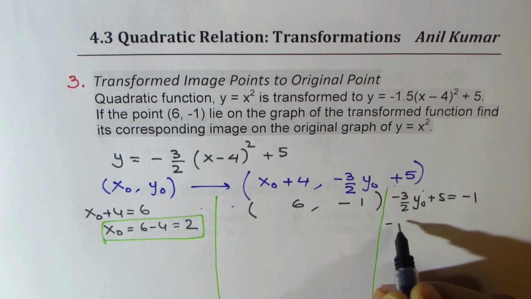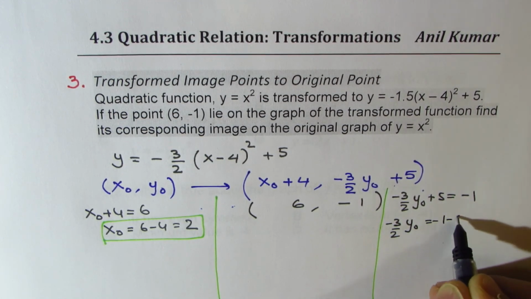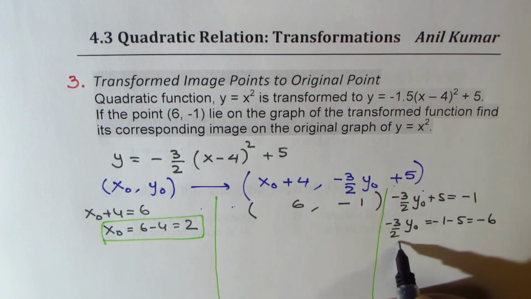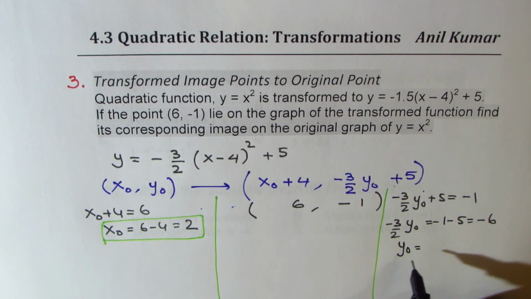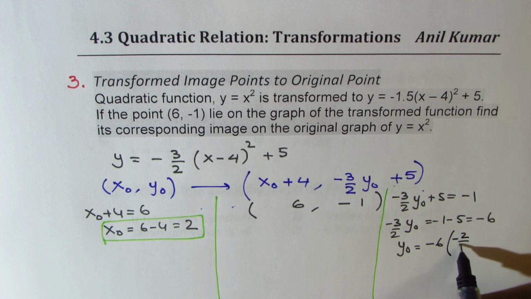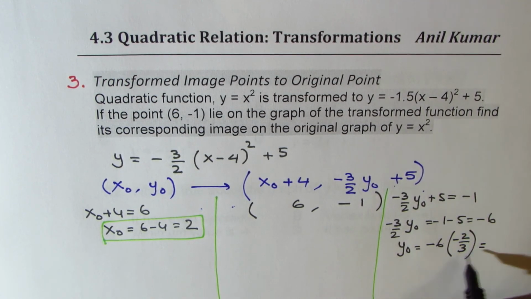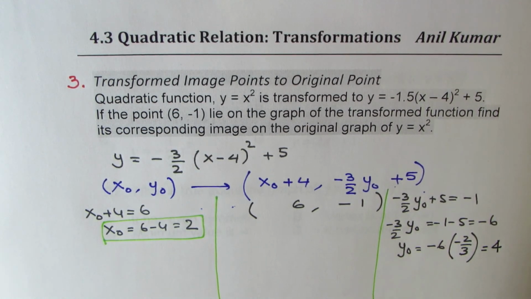Take 5 to this side. So minus 3 over 2 of the original y is minus 1 minus 5, which is minus 6. So y0, the original value, is minus 6 times minus 2 over 3, which gives plus 4. It makes sense, right?